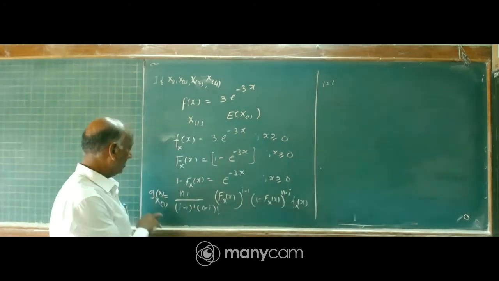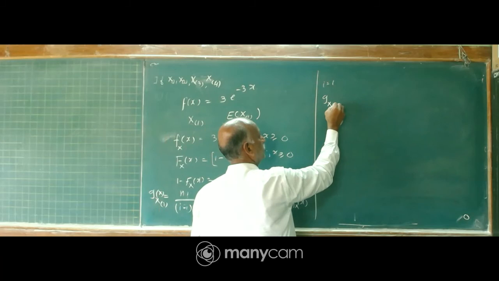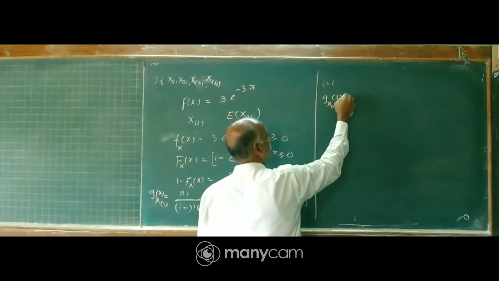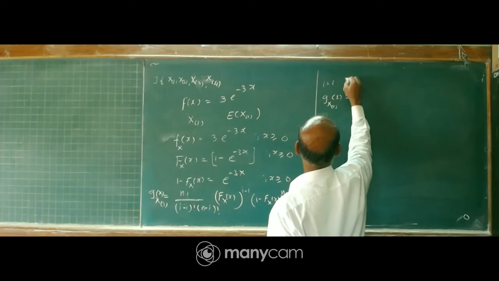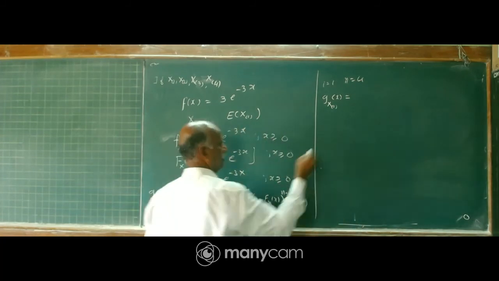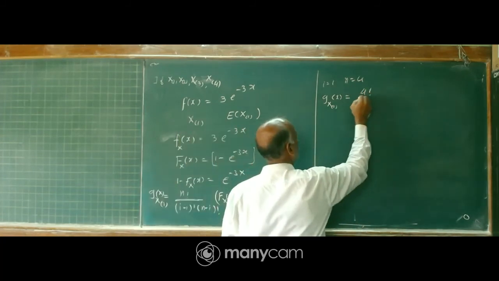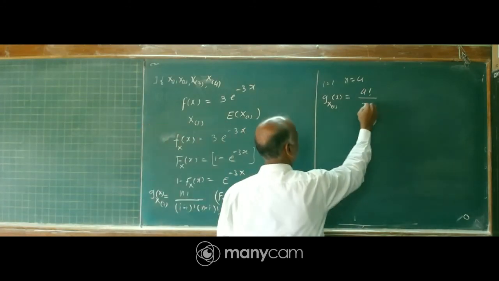Now putting i equal to 1, what do we get? What is the function g of X order 1? Here n is 4 and i is 1. So 4 factorial divided by (1 minus 1) factorial, that is 0 factorial, and (n minus 1) factorial, that is 3 factorial.